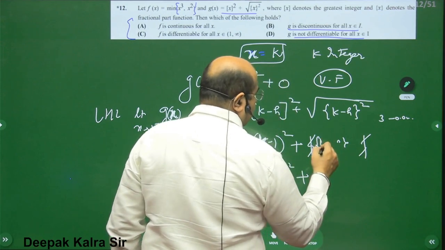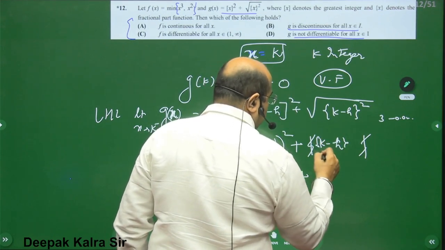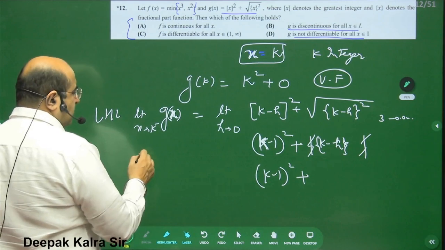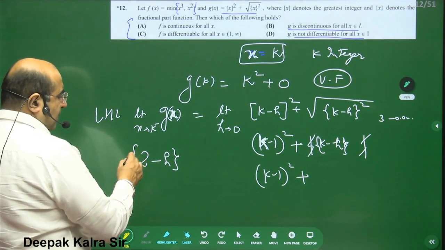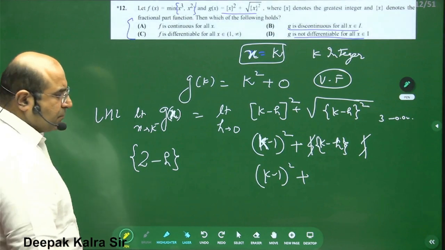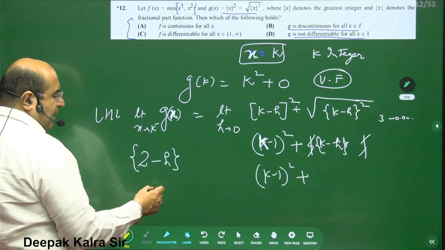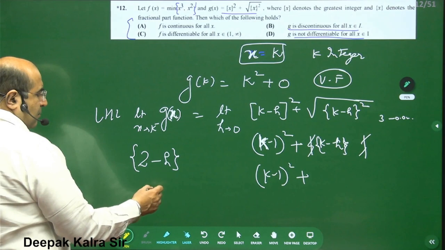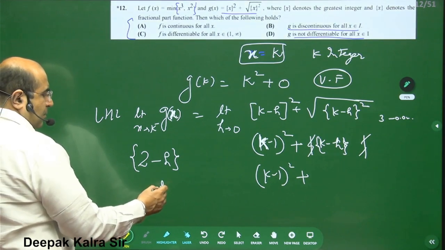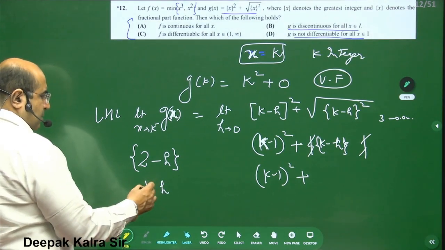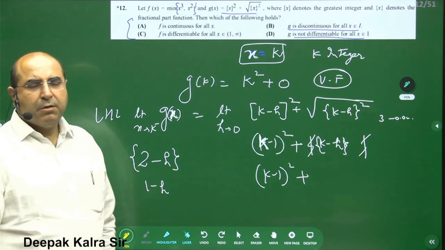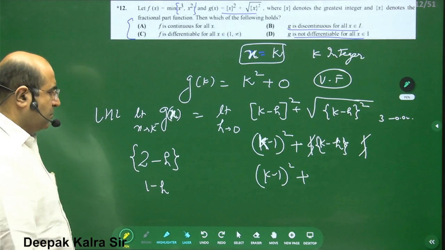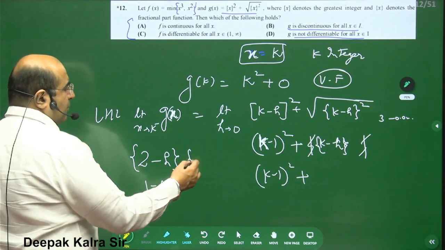Let us take the example, then we will write the answer. If you have something like 2 minus h and I am taking the fractional part, example, 2 minus h fractional part is not h, it is 1 minus h. Don't you think so? This will be like this, na?